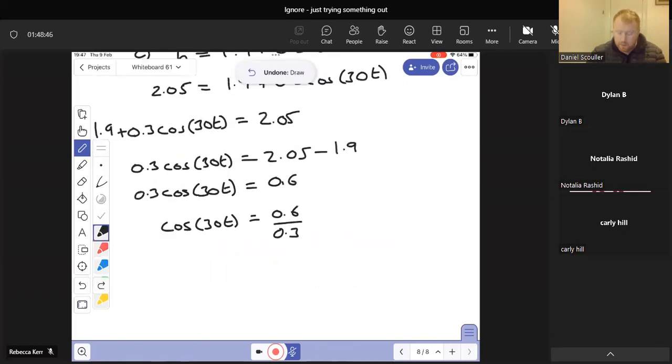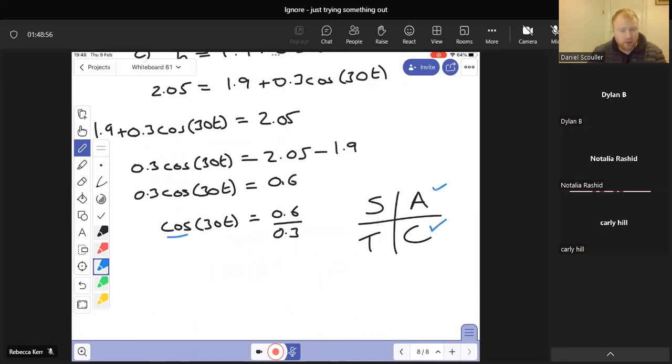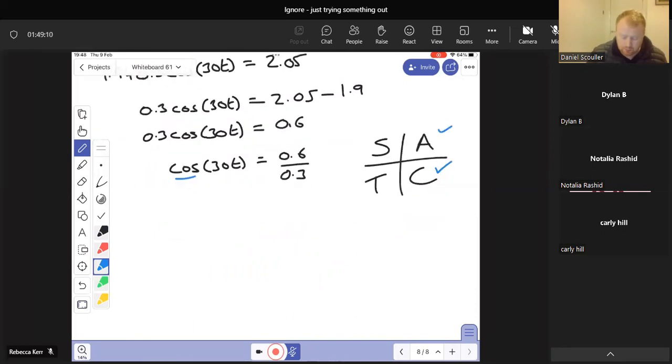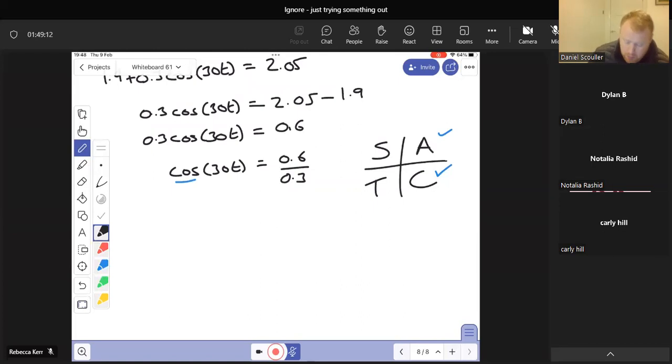It's cos, it's positive, so it's either going to be in this quadrant or this quadrant. The cos graph is positive between 0 and 90 and 270 and 360. Now we can move it over.